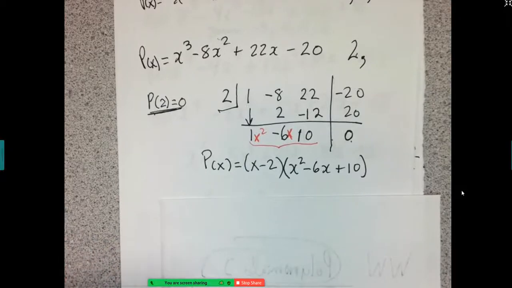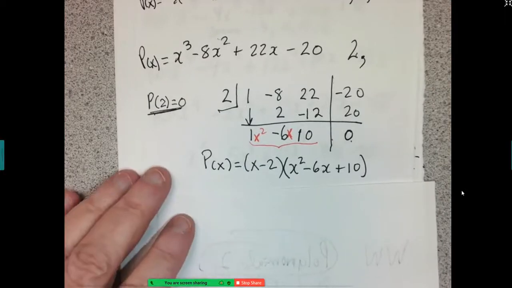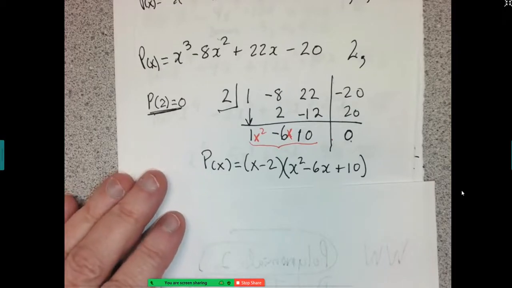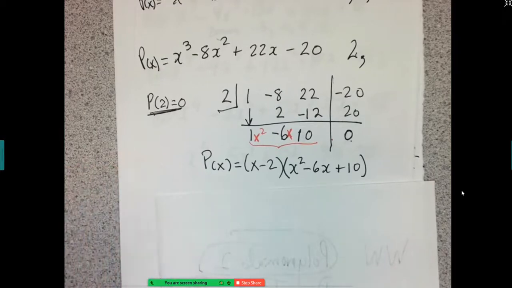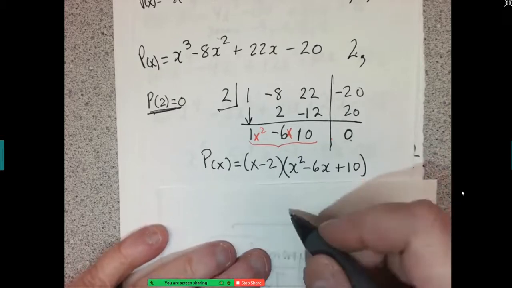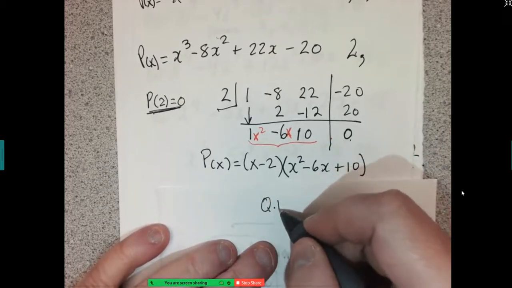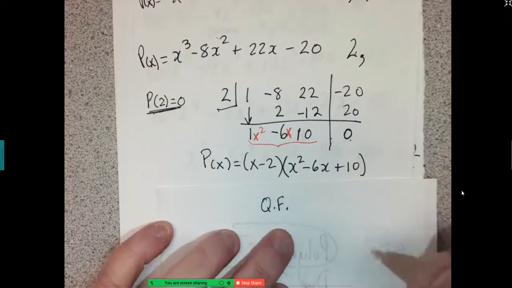So in your Canvas, I have put 2 videos of using the quadratic formula. One is if you have irrational zeros. It shows you how to get irrational zeros, and the other one is with complex zeros. So we remember, you'll have to know the quadratic formula.